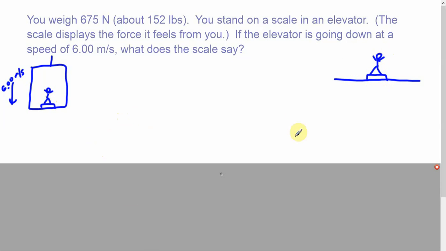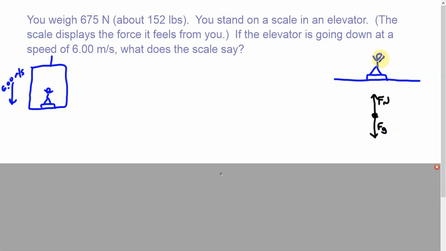If we look at you and do a free body diagram, gravity is downward, and the normal force from the scale is going upward, because the scale is basically the surface that you're standing on. And those are the only two things that are interacting with you. Those are the only two things exerting a force on you: the earth and the scale.